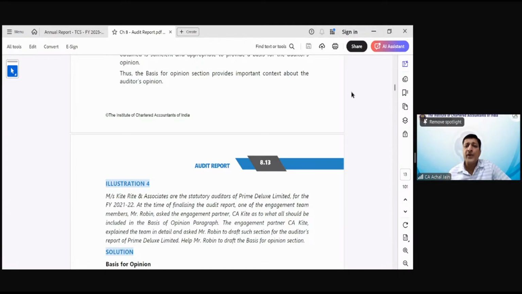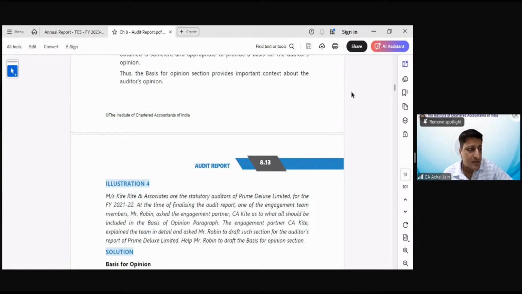At the time of finalizing the audit report, one of the engagement team members, Mr. Robin, asked the engagement partner, CA Kite, as to what all should be included in the basis of opinion paragraph. Engagement partner, CA Kite, explained the team in detail and asked Mr. Robin to draft subsection for the auditor's report of Prime Deluxe Limited.